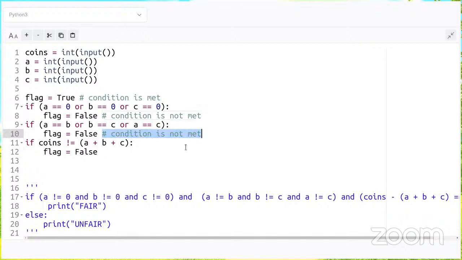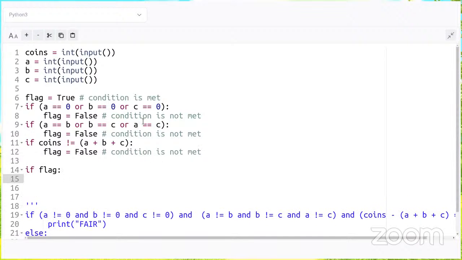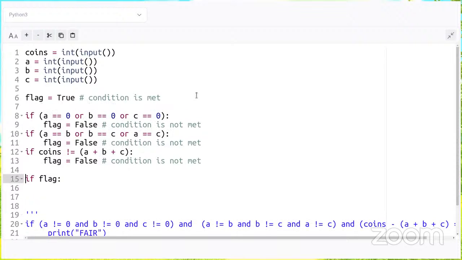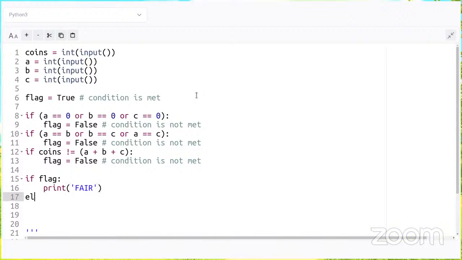This is what I do. Now, if my condition is finally met after all this effort, then I print fair, else I print unfair.